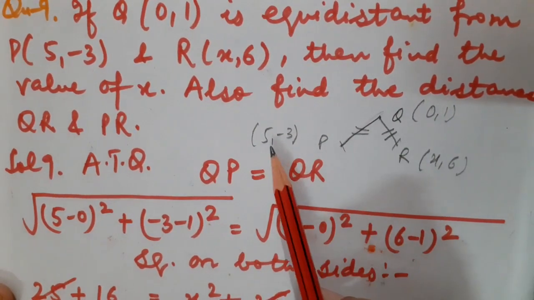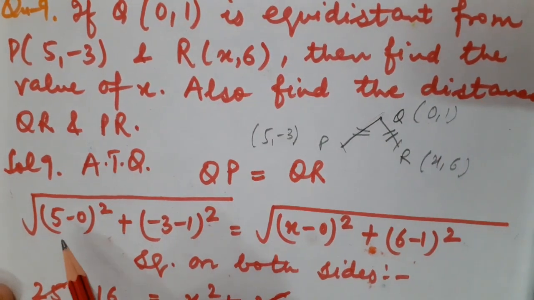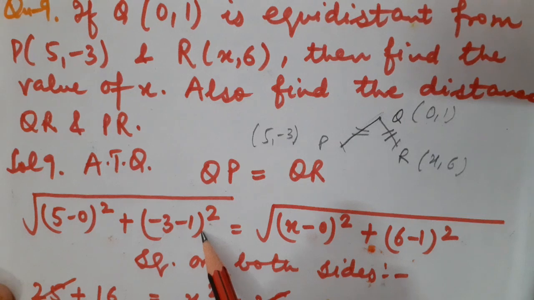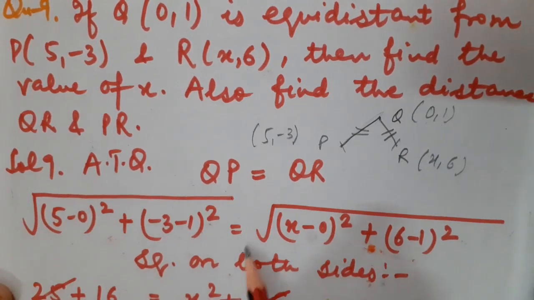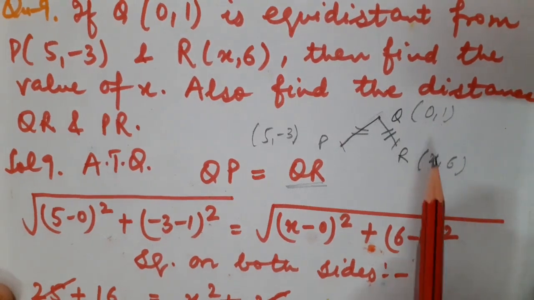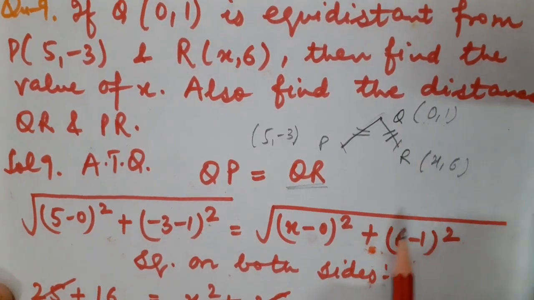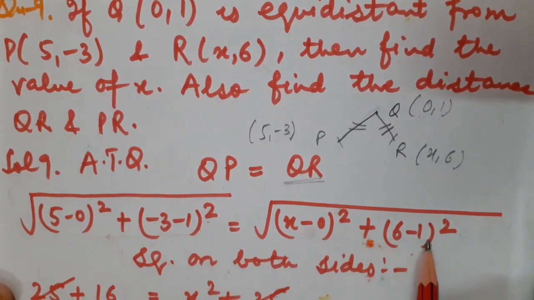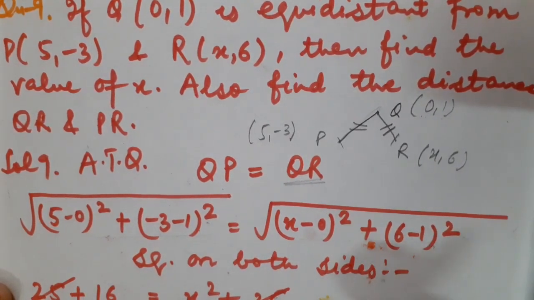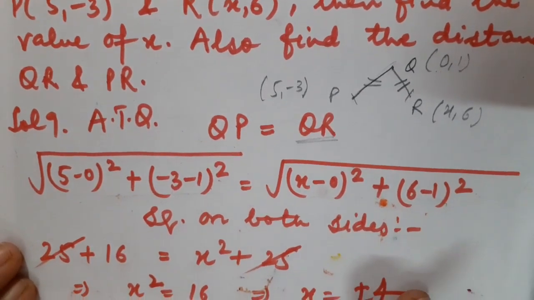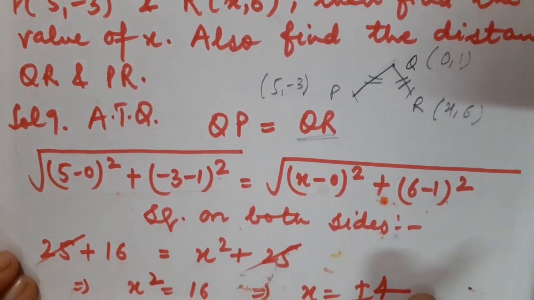QP will be the square root of (5 minus 0) whole square, this is written, plus (minus 3 minus 1) whole square, is equal to. Now let us talk about the distance QR. It would be (x minus 0) whole square plus (6 minus 1) whole square. Children, which formula I am going to apply over here? Yes, distance formula, that is (x2 minus x1) whole square plus (y2 minus y1) whole square.